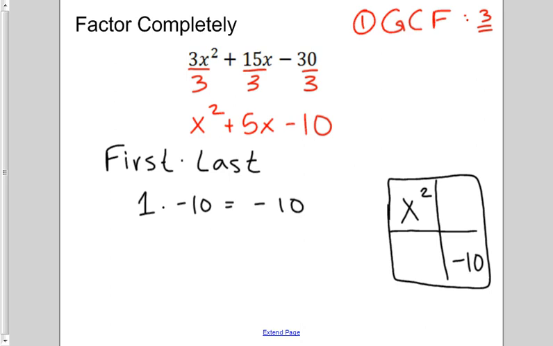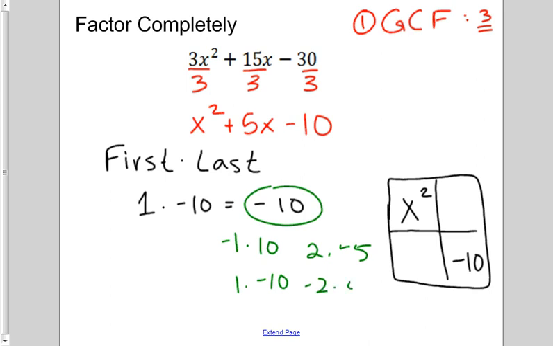Okay, so we need two numbers that multiply to negative 10, add to 5. So we can have 1 times 10, 1 times negative 10, 2 times negative 5, or negative 2 times 5. Those are all of our possible options. Do any of these options add to give us 5? Well, that doesn't. That adds to give us 9. That gives us negative 9. That gives us negative 3, and that gives us 3.